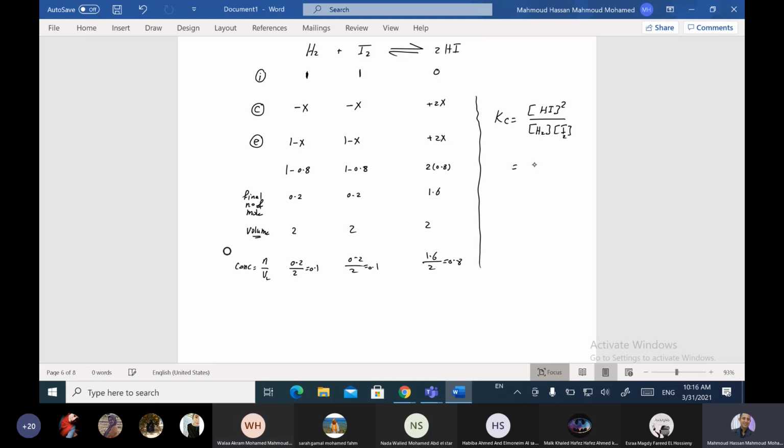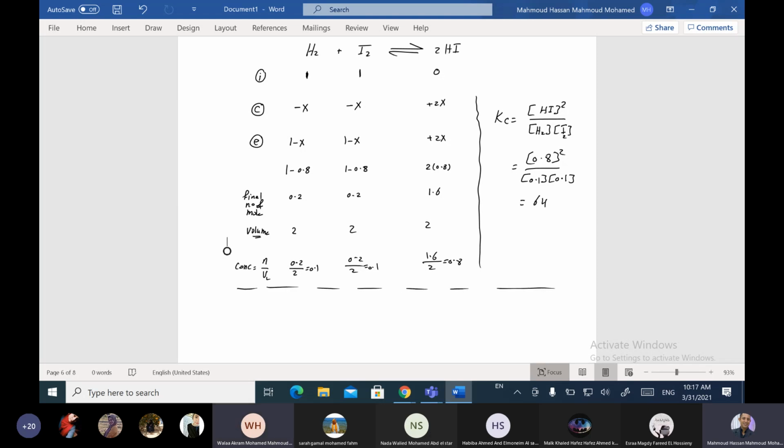So 0.8 power 2 divided by 0.1 times 0.1 equals, so the value will be equal what? What is the answer? 64. 64, okay?